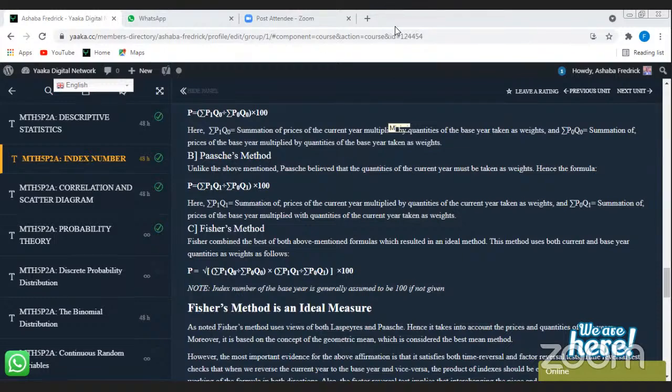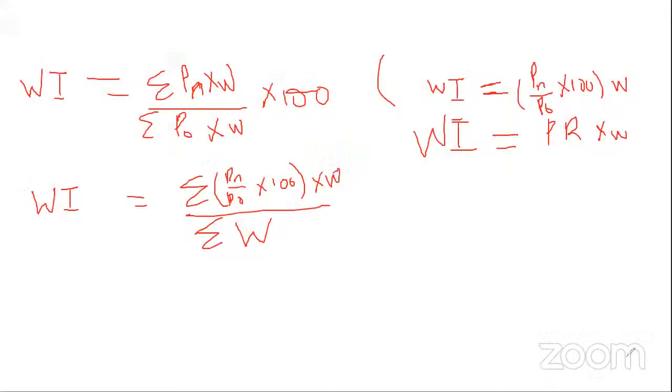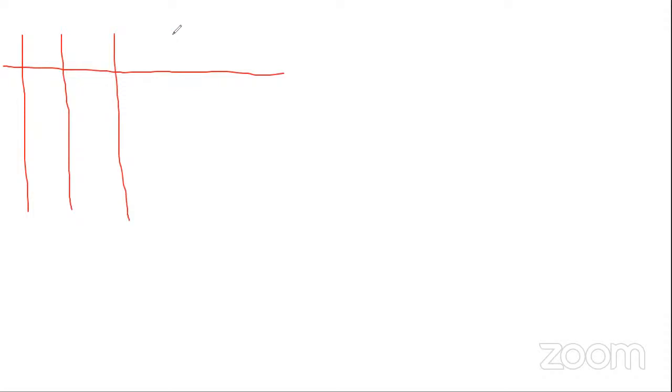So let me construct a simple example here, then we do it for our classwork. So I'm going to create a table here, then we fill in some items together and their prices, and then we shall be in position to calculate.